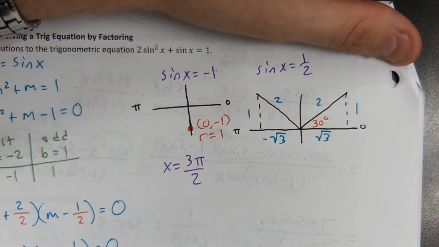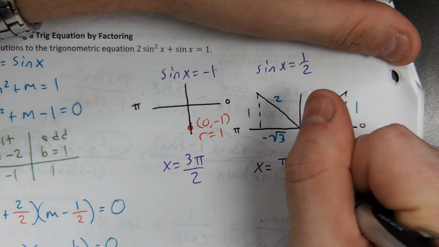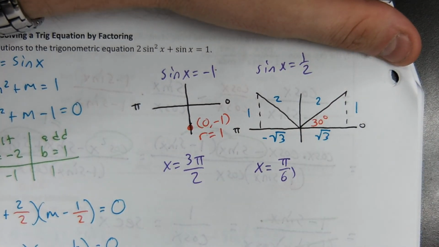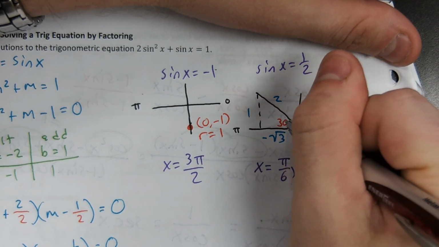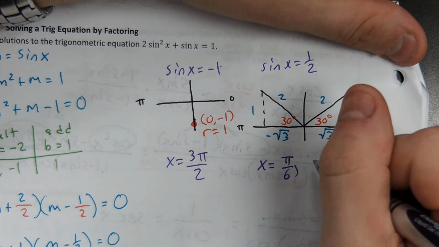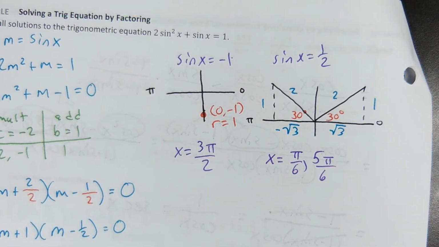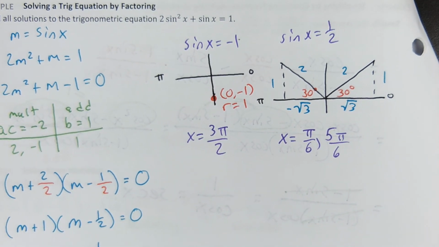In radians, that 30 degrees would be pi over 6. And since this is also going to be a 30-degree reference angle, this is a pi over 6 before pi, 5 pi over 6. And those are your three solutions in the first 2 pi.